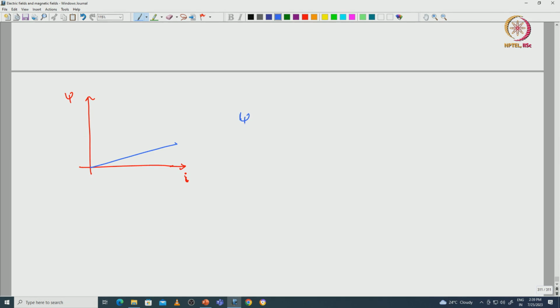Here flux linkage psi is equal to L into I, that is equal to N into phi, as per Faraday's law, and N into flux is nothing but flux density into area. So L into I, that is flux linkage, we can represent with psi or lambda, both are fine.